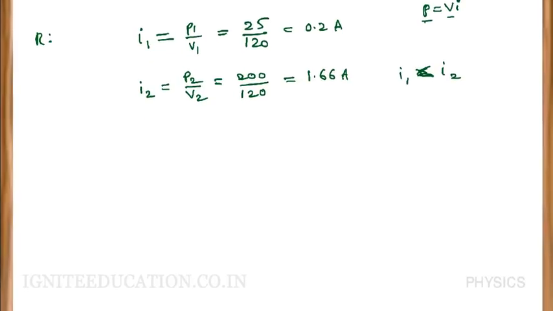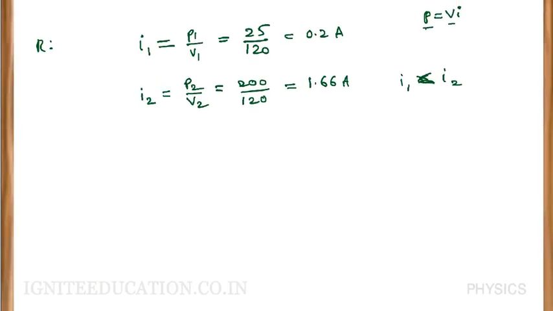And next, I want to find the resistances of these two bulbs. R1 is equal to V square by P1. We know that P is equal to V square by R. So I am finding the resistance with the given power rating: R1 is V1 square by P1, that is 120 whole square divided by 25.